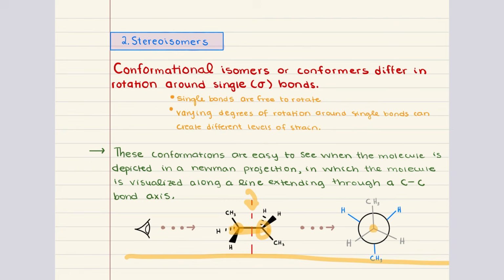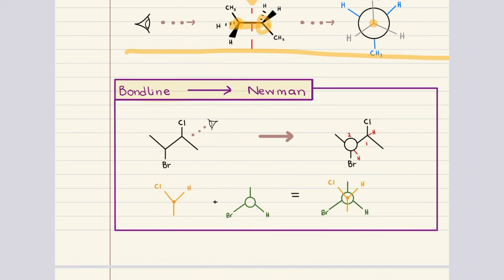This view makes it easier to analyze how the groups around the bond are positioned relative to one another. With that being said, it's important for us to learn how to convert from bond line to Newman projections and how to convert from Newman projections to bond line. So let's get into that.